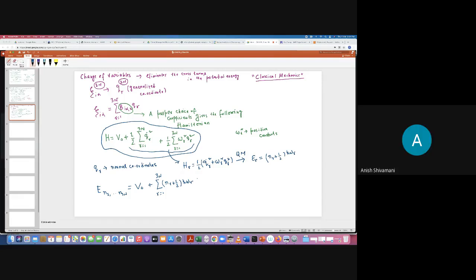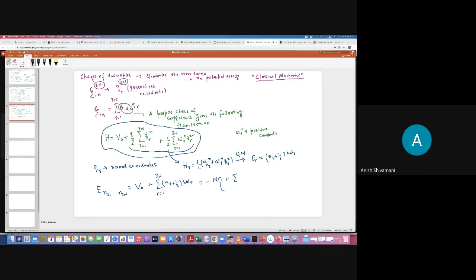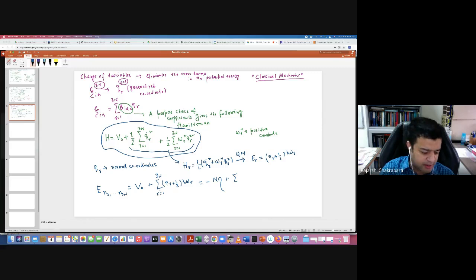And this I'm going to write in a slightly different manner. I take the zero point energy, half h cross omega_r, outside, isn't it? Because it does not depend on n_r. So I can take it outside. Is this clear?